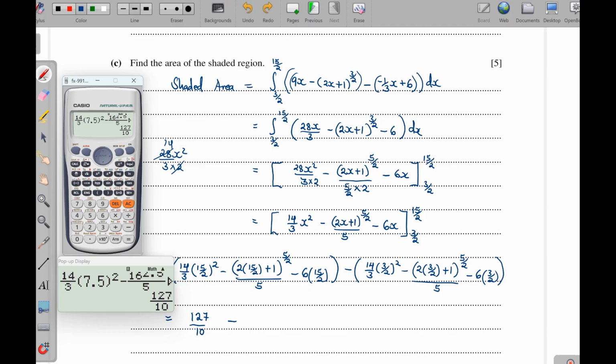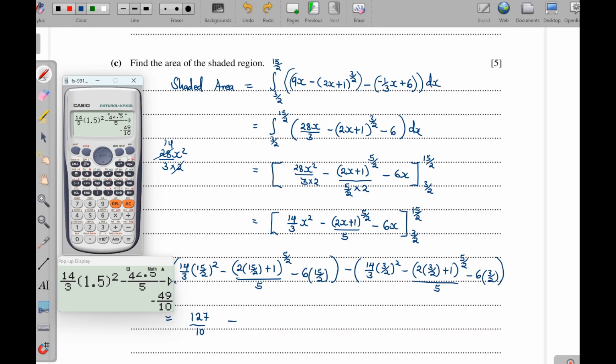Then minus, what do we get here? Now I will come to this, and wherever there is a 7.5, I'm going to put 1.5. Then here, I'll need to simplify what is in brackets here. So 2 times 1.5, that is the 3 plus 1. That one will give us a 4. Then power the 2.5 over 5. And then this will continue, 6 then times 1.5.